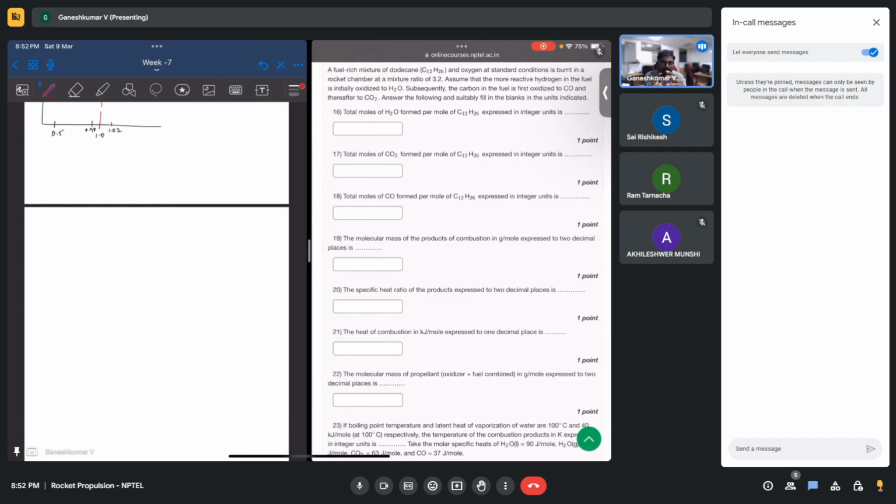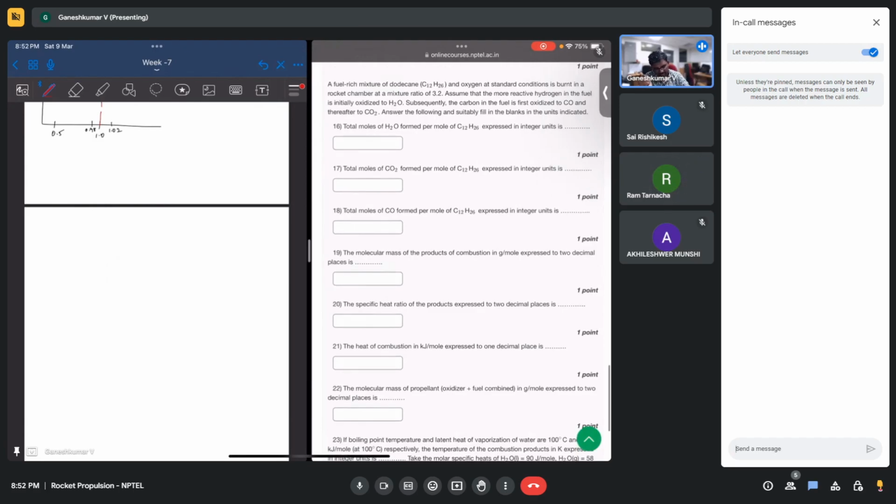So 12 can be used for CO and the remaining for CO2. The first preference is CO; the fuel is first oxidized to CO, thereafter to CO2. So I don't think you will be left with any carbon. Instead you will be left with CO probably.